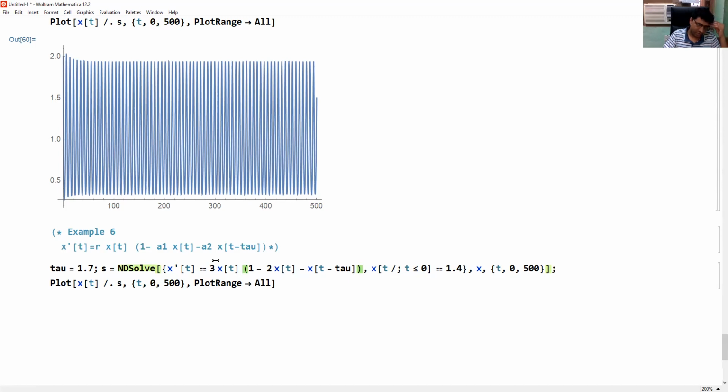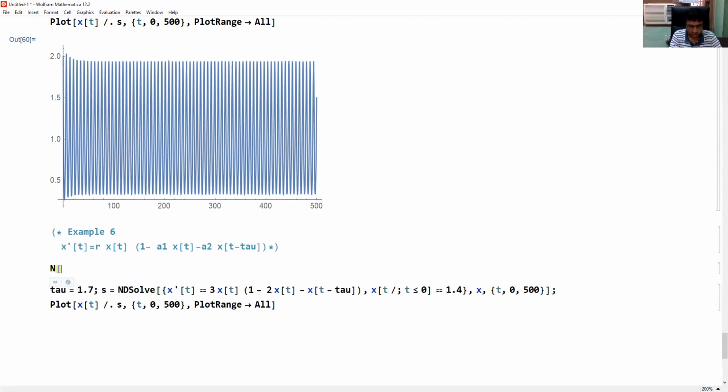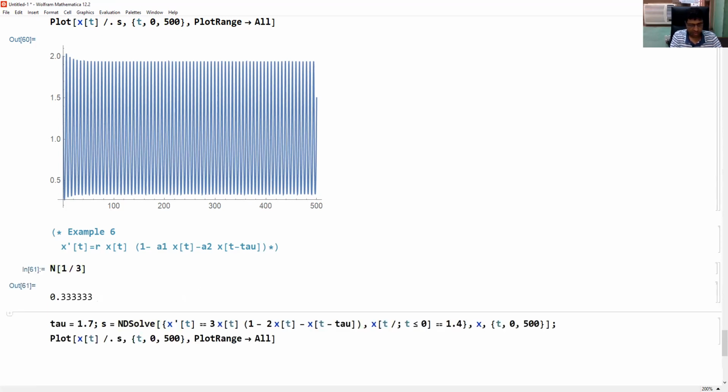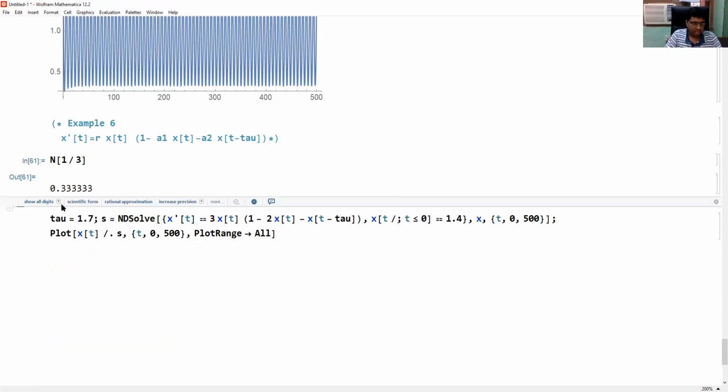We have to consider values in the neighborhood of that equilibrium. 0 is unstable as in the previous case, so we will not bother about equilibrium 0. We will consider this. We consider initial conditions in the neighborhood of 0.33.